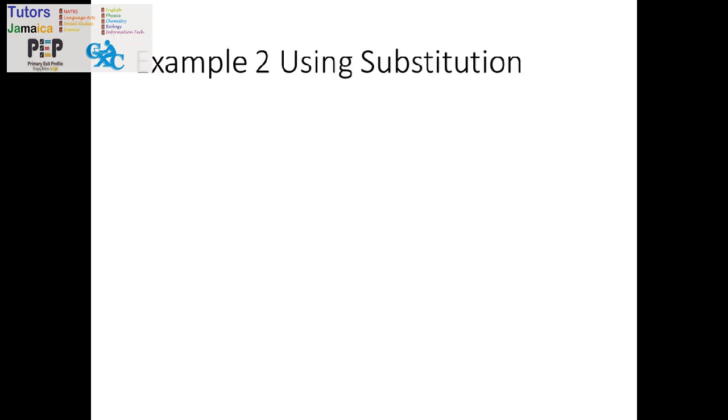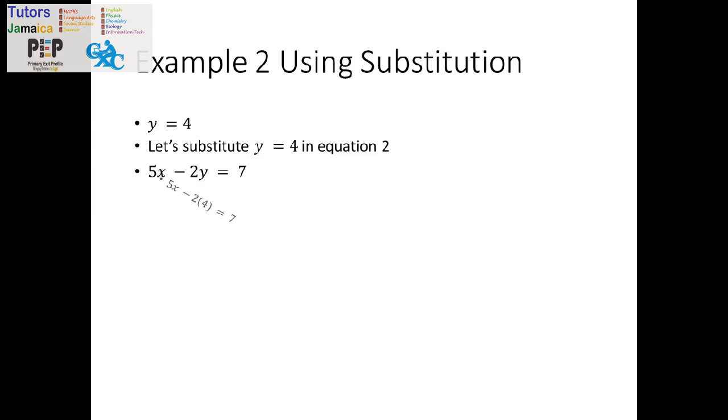Right? So we're continuing. We know that y is equal to 4. So let's substitute y equal 4 in equation 2. Equation 2 says 5x minus 2y is equal to 7. So 5x minus 2 times 4 is equal to 7.